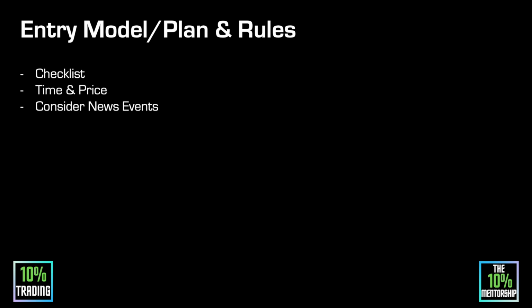So cool. Let's get a little bit deeper into the entry model. Now, I already mentioned some things, right? I gave you guys two examples, the displacement example, the market structure shift example, right? I think it's very important to have a checklist. Now, in the mentorship, I teach this, right? In the execution entries, you need to have an idea of what price needs to do to validate you entering a trade here. It's very important.